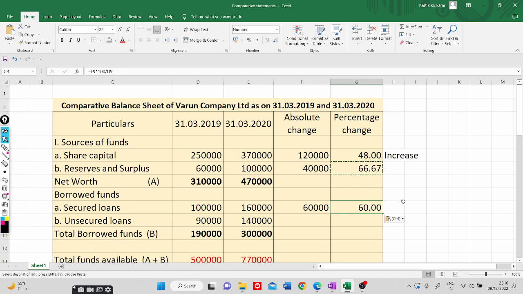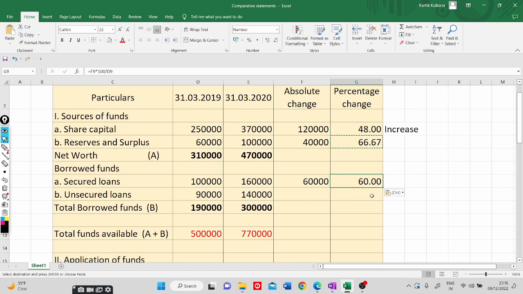It is 60% increase. So similarly for each and every item we can calculate. Now unsecured loans has also increased from 90,000 to 1,40,000, which is the difference of 50,000, and that 50,000 comes as a percentage, that is 55.56.